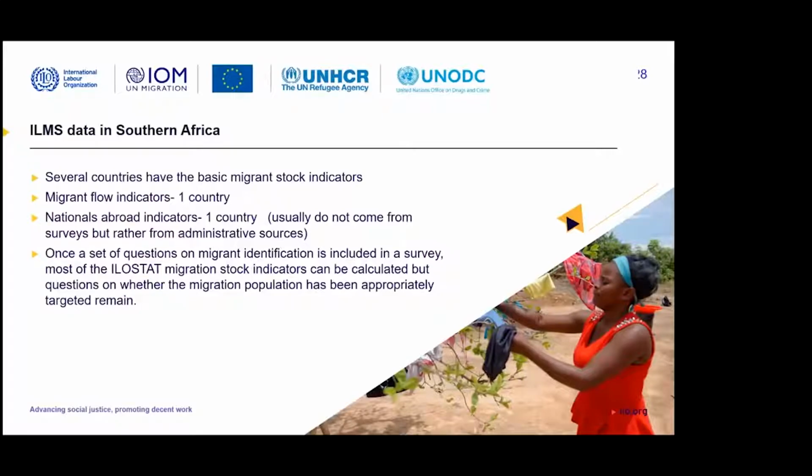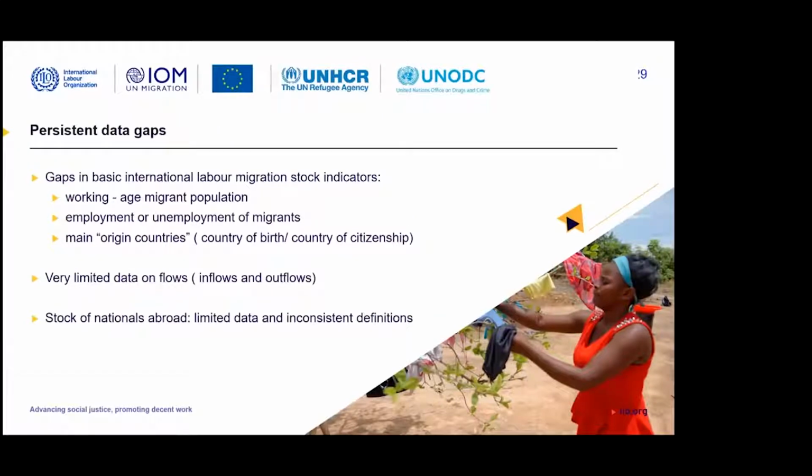So the next slide. We have some gaps here when it comes to data, and this gap refers to the situation globally, not only within our region. Like I said, data on stock is more readily available, but there are still issues with data on stock, and it's not always easy to capture information on migrants, even what you would consider basic information, such as their working age population, to establish the labor force status.